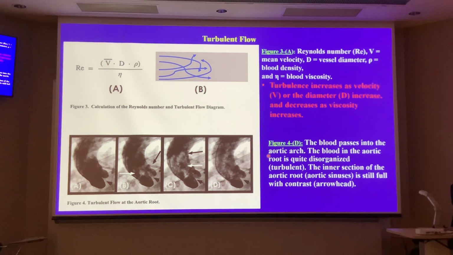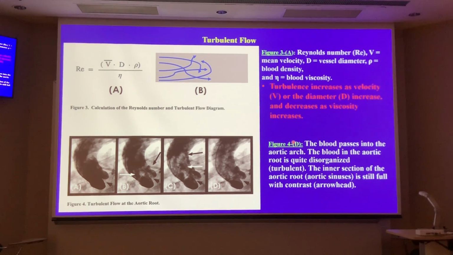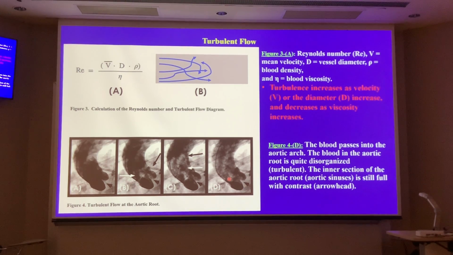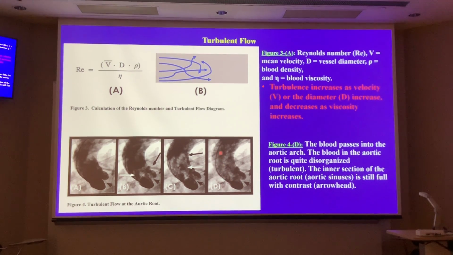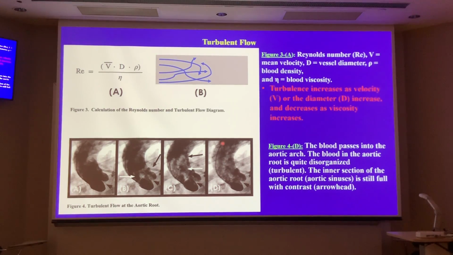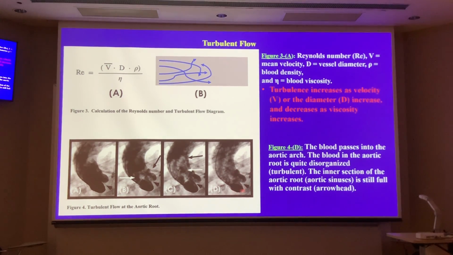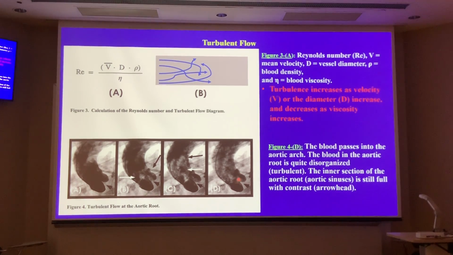For example, in figure 4D, the blood from the aortic root passes into the aortic arch, and the blood in the aortic root is quite disorganized, the mixture between the black color and the white color here.